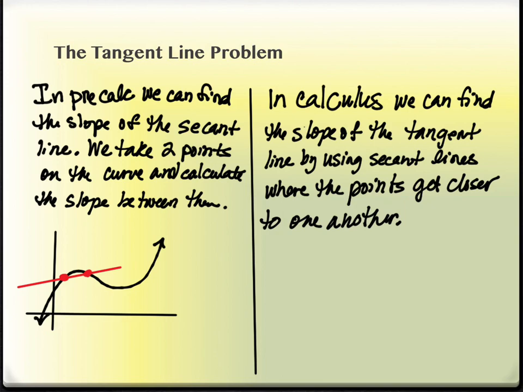So same picture, and we take 2 points on there. And say we want to find the tangent line right here. Let's say that's the point we want to find the tangent line to.